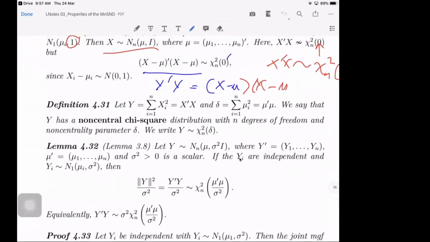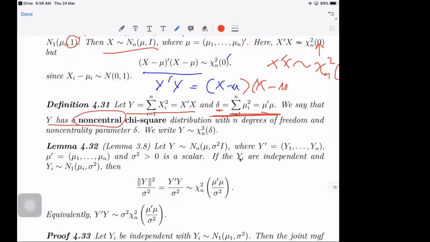So here, it has a tilde, no? Mu prime mu, delta. So let y be this one. Your x is not necessarily standard normal, and then you have mu prime mu to be delta. So then we say that y has a non-central chi-square with n degrees of freedom and non-centrality parameter delta.